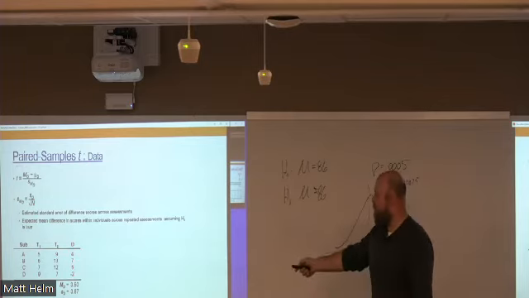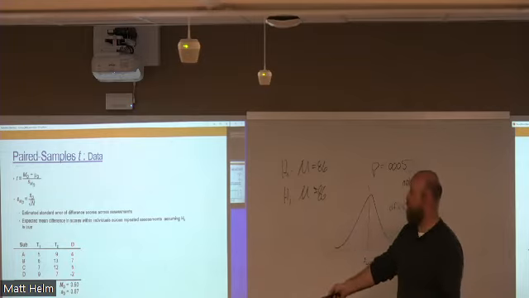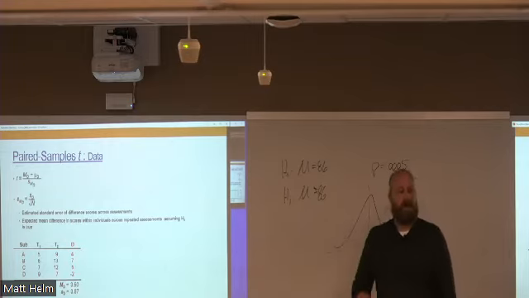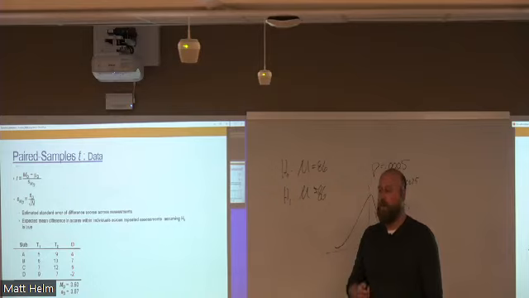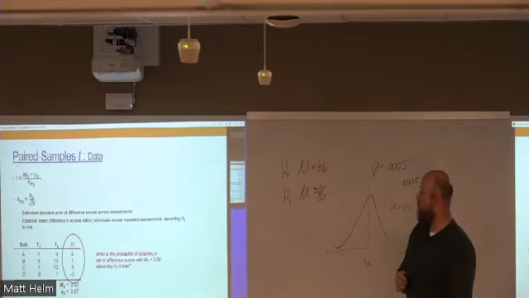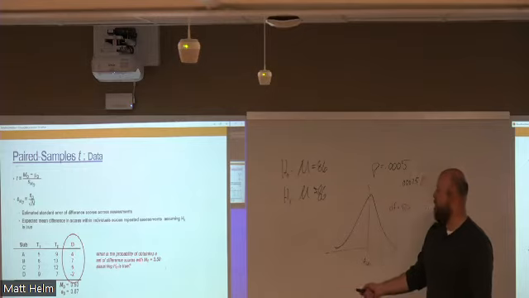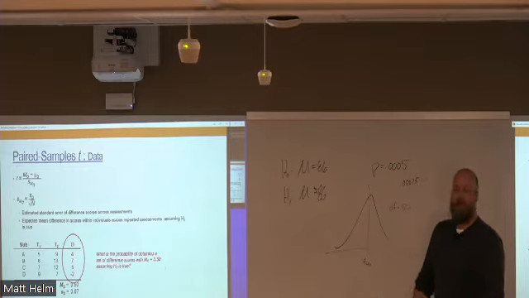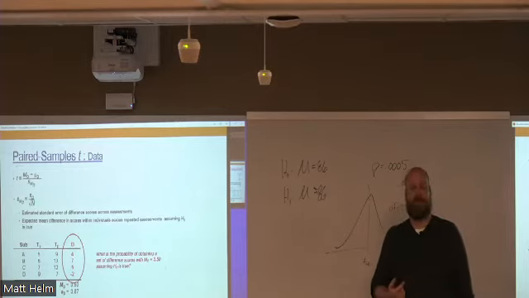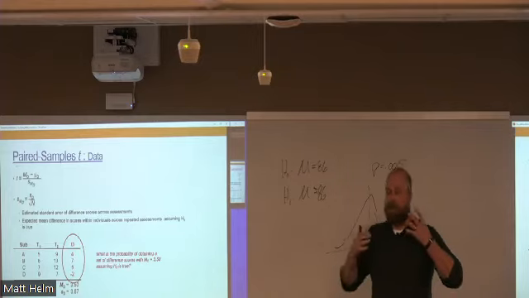I'm going to take the mean of those difference scores and the standard deviation of those difference scores, and this gives me everything I need to calculate my paired sample t. And so again, what's the question here? What's the probability of obtaining a set of difference scores with a mean of 3.5, assuming that the null hypothesis is true?